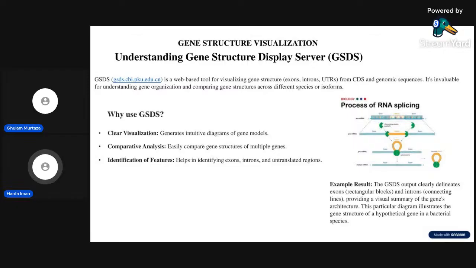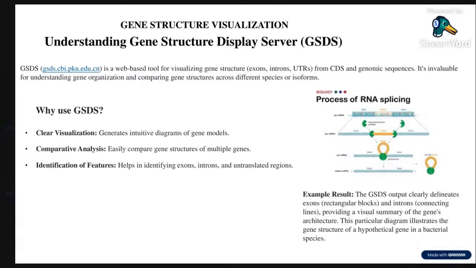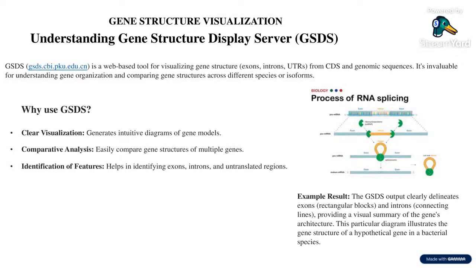GSDS will analyze and output a graphical diagram. The diagram shows that exons are colored rectangles and introns are lines or arrows between the exons. UTRs may be shaded differently or labeled.